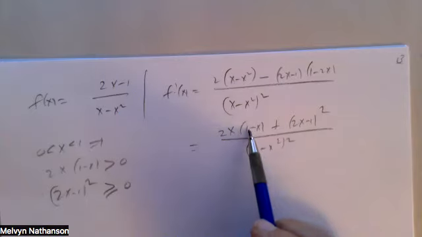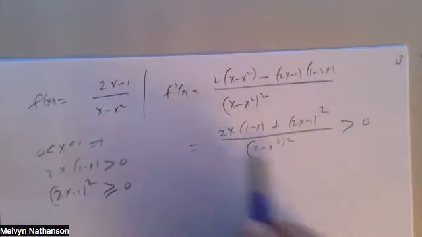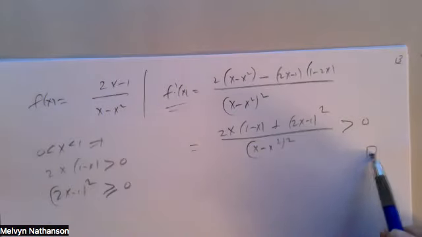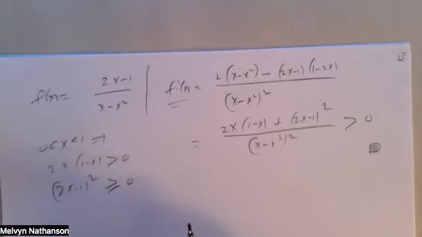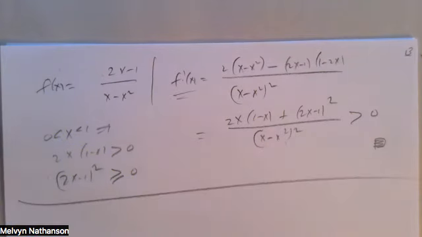So I have a numerator which is positive over something positive. The derivative is positive. So that's a proof for problem 2b. You have to know calculus, and this is some calculus. There are other ways to do this, because there are always multiple ways to solve any problem, but this is one.